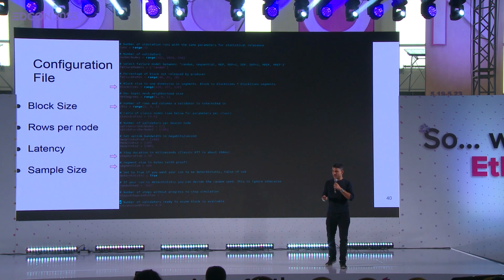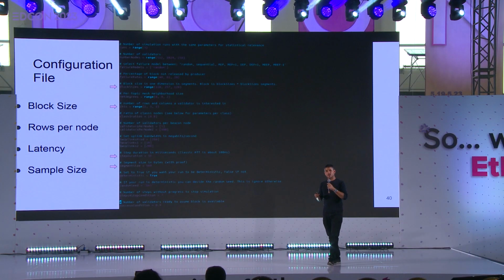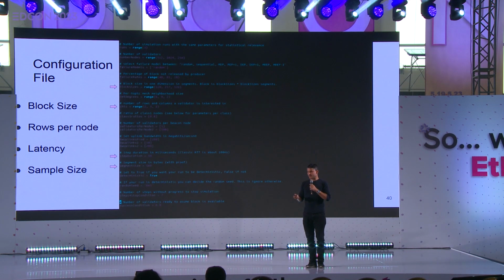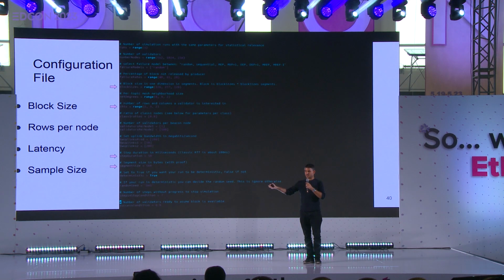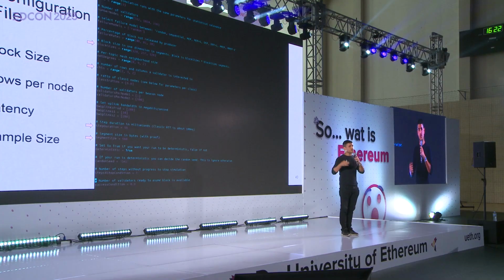You can also configure the block size. So this is to parameterize how much data you want to put inside a block. You can also play with the number of rows and columns that you want to send to each validator. This is an important parameter for data availability sampling, because the more rows and columns that you send, you have more reliability, you have more redundancy in the system, but you are also consuming more bandwidth.